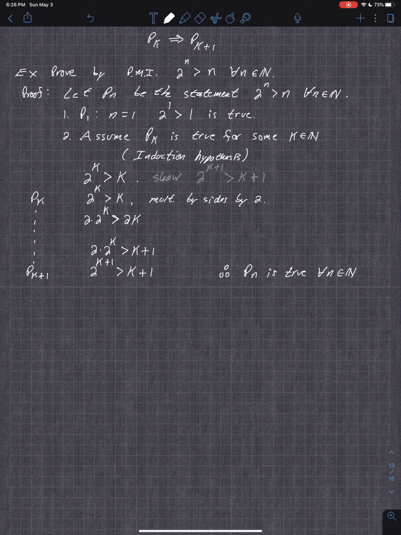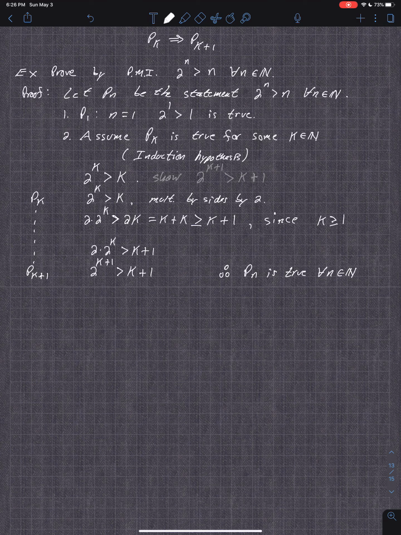Now I'm going to make this claim: let's say that's equal to k plus k, which is greater than or equal to k plus 1. And how come? Since k is greater than or equal to 1 all the time. So if you just stay at 1, then k is going to be greater.